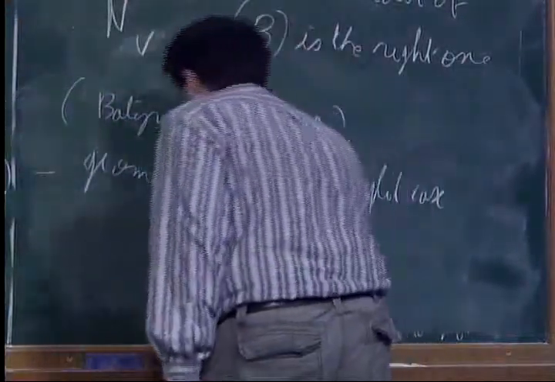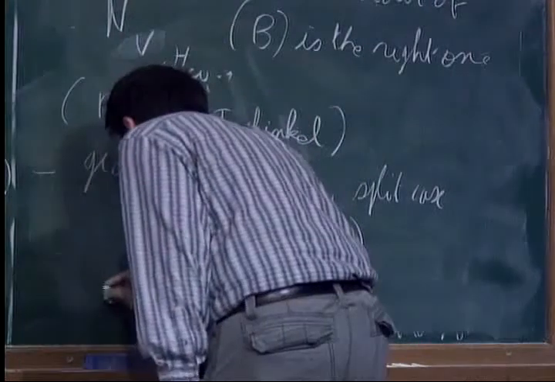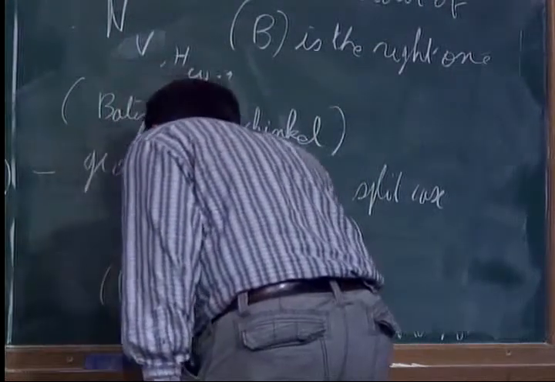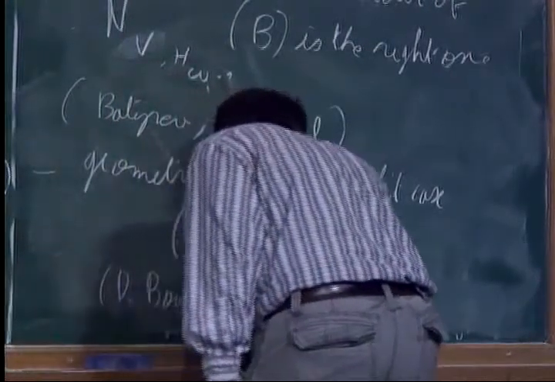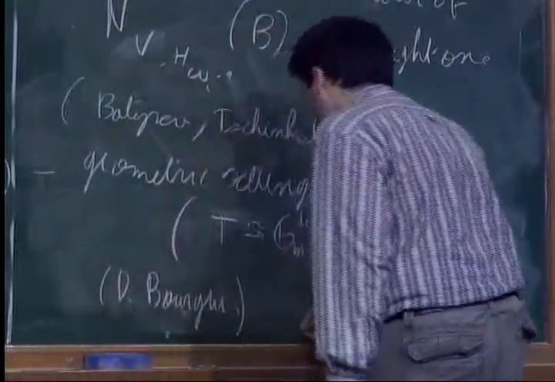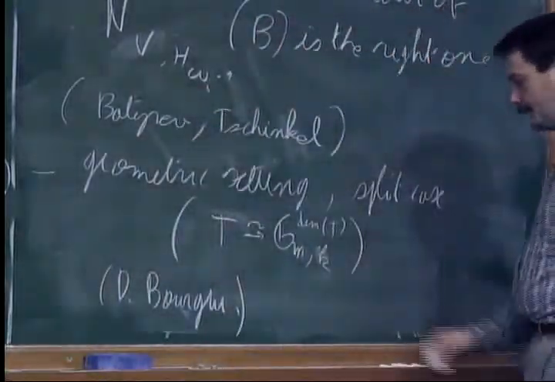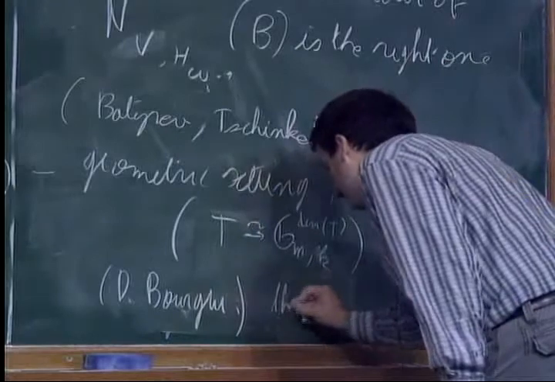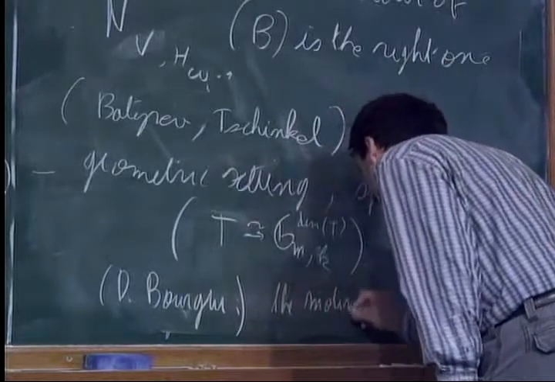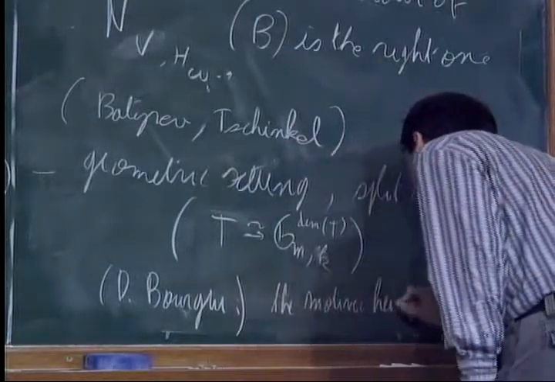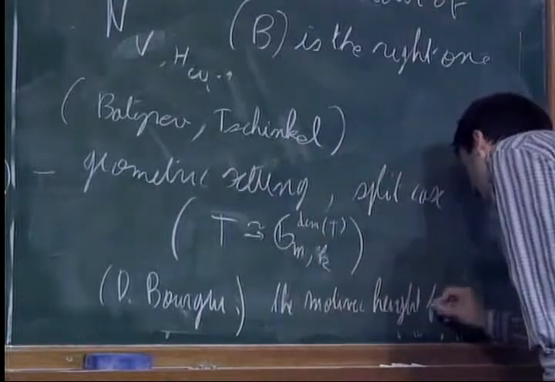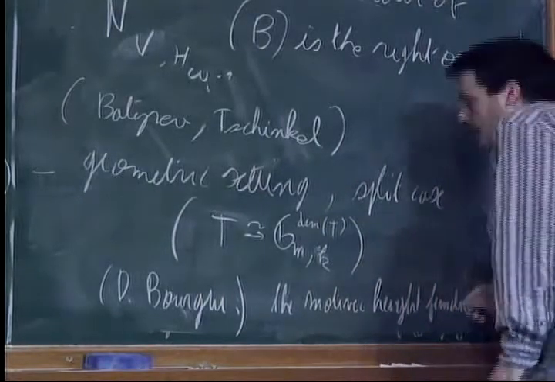So what he proved exactly is that the motivic height zeta function behaves in the right way.